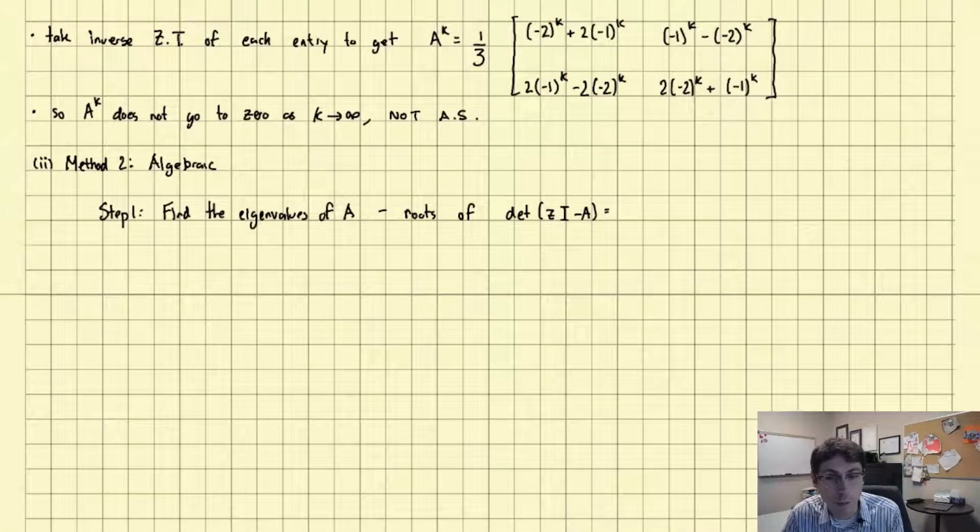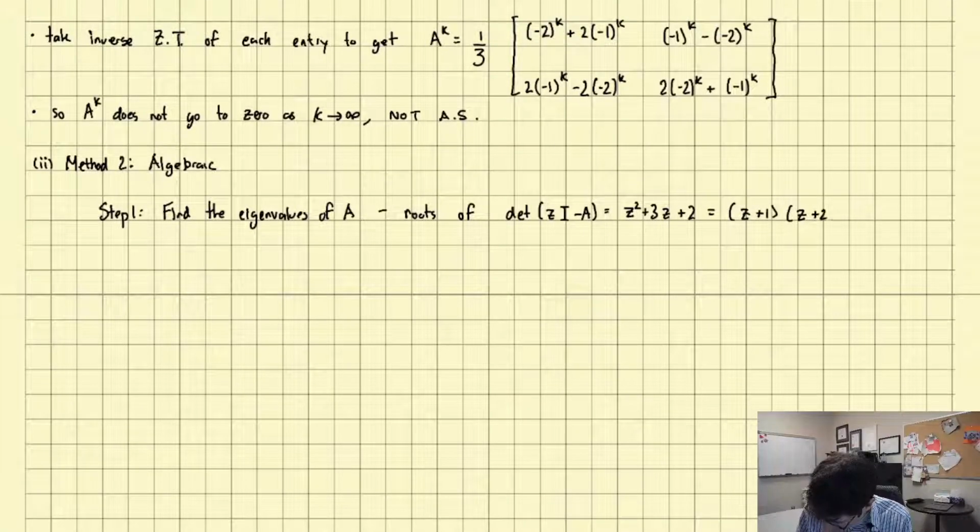We've seen that polynomial before. It comes up when we do our state space to transfer function calculation. So in this case, it's this guy: z plus 1, z plus 2.